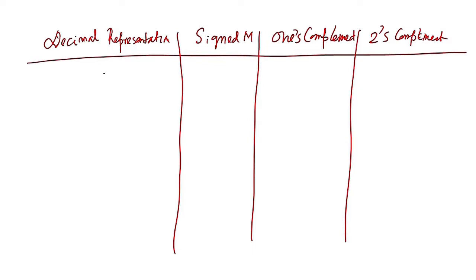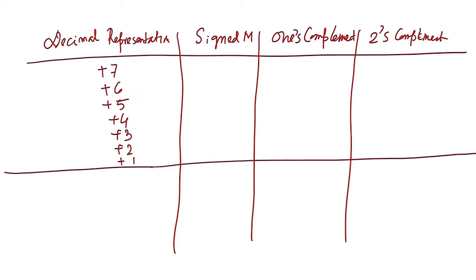Okay. So, let us say numbers +7, +6, +5, +4, +3, +2, +1. Here, as you know, the sign will be 0 1 1 0 1 1 0.